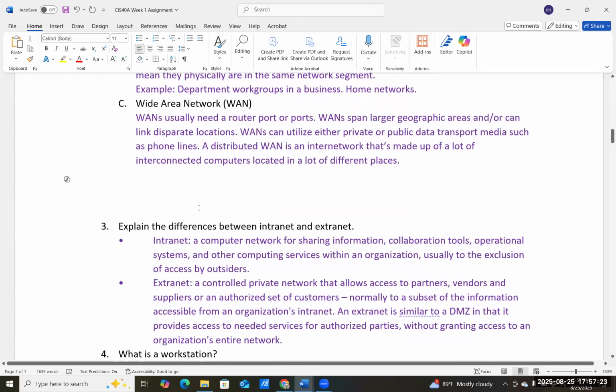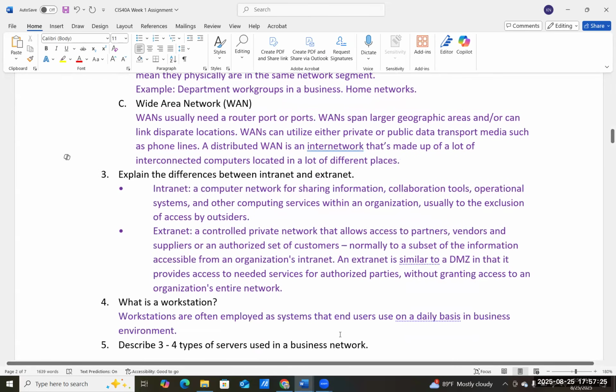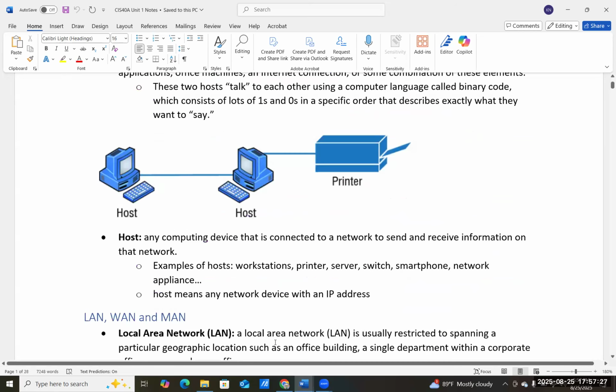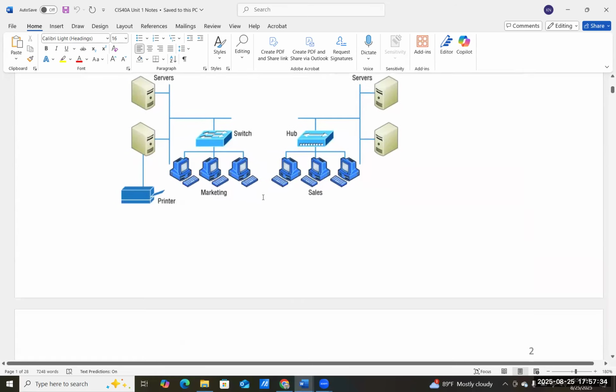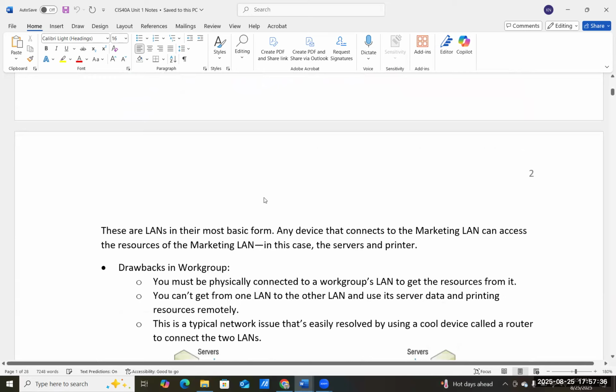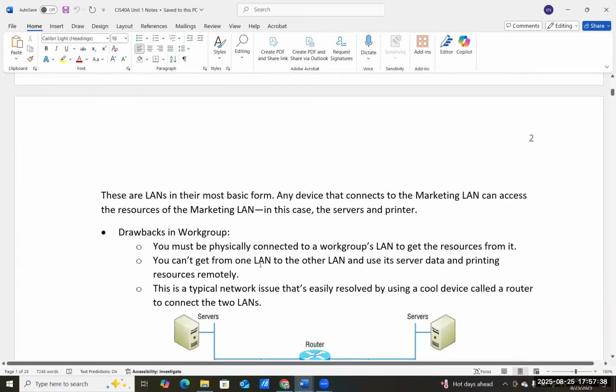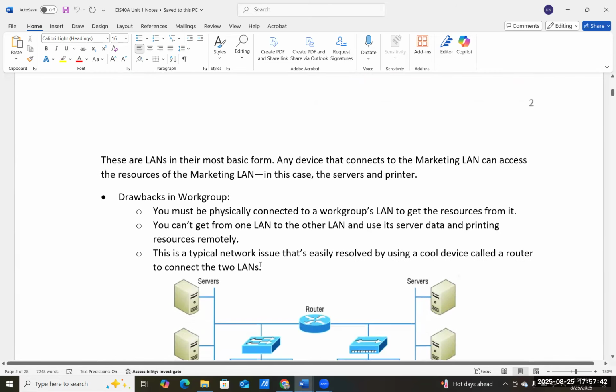Now, the questions don't always cover the entire thing. So when you go through here, one of the things I didn't include was MAN, M-A-N, right? I'm sure that when you took A+, it talks about that. So it talks about the advantages of having a workgroup and the disadvantages of having a workgroup. Just like everything else in network design, you will not have a perfect network design. People usually design networks for performance, right?